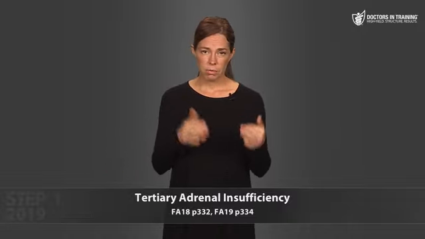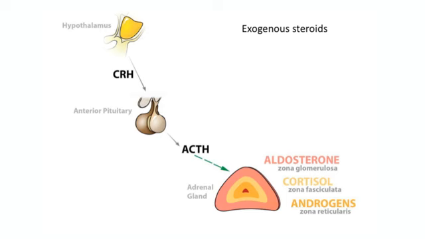Otherwise, your patient can develop tertiary adrenal insufficiency. So what happens is that when the patient takes steroids long-term, it causes negative feedback and tells the hypothalamus that it doesn't need CRH, or corticotropin-releasing hormone. Without CRH, the pituitary doesn't make ACTH, and the adrenals don't make cortisol. So this is a problem at the level of the hypothalamus, tertiary adrenal insufficiency.